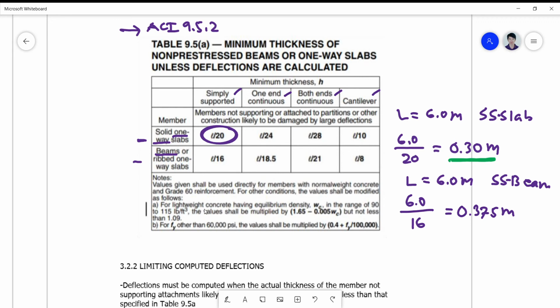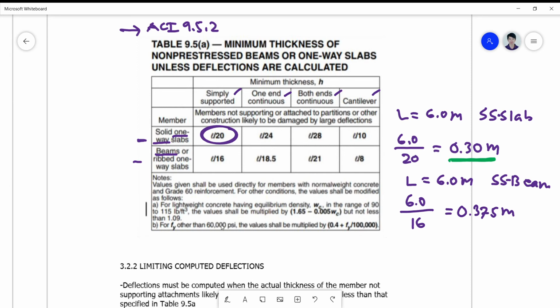For lightweight concrete, there's some adjustment on the use. A multiplier was made here, but actually we are not using lightweight concrete often here in the Philippines. So you just try to use this whenever we encounter some problems.